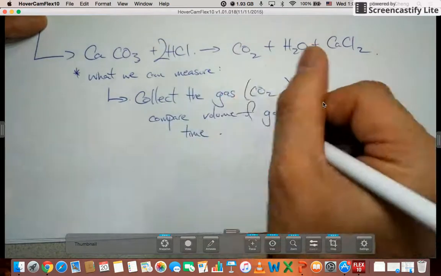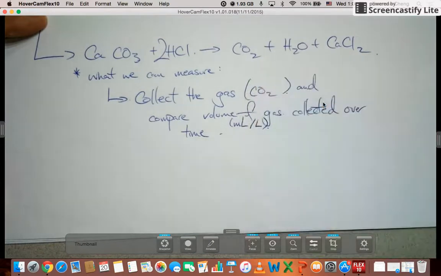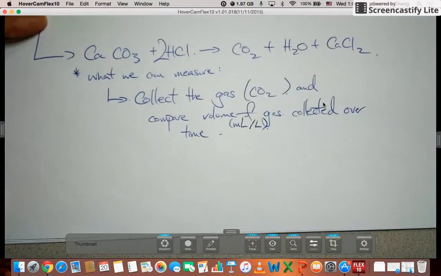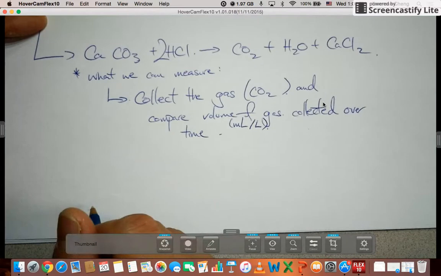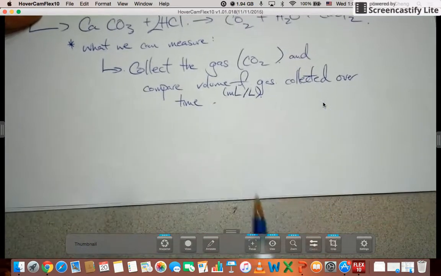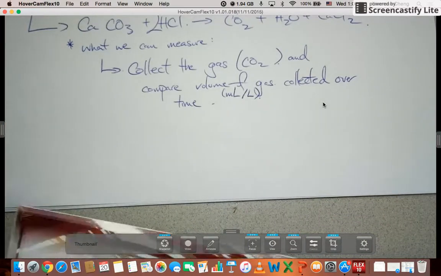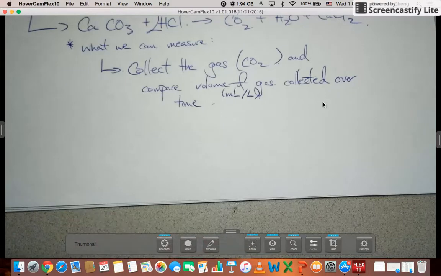Okay, so in this case, volume of gas might be in milliliters and might be in liters. You don't know. It depends on the experiment. In fact, this idea was mentioned in the textbook for a different experiment, but it still can work.